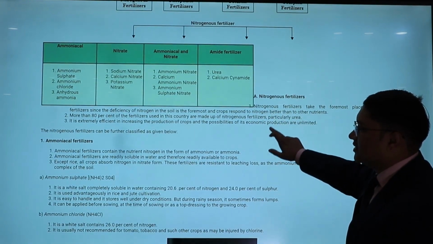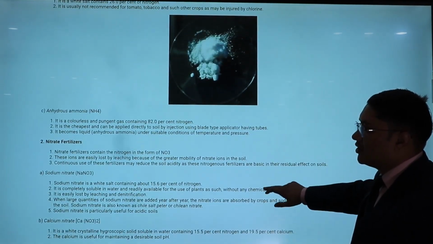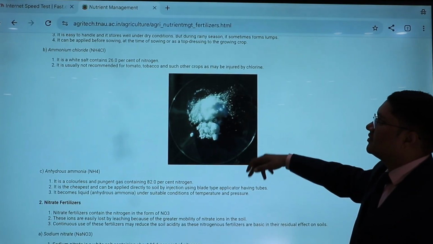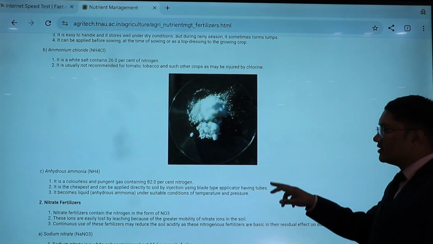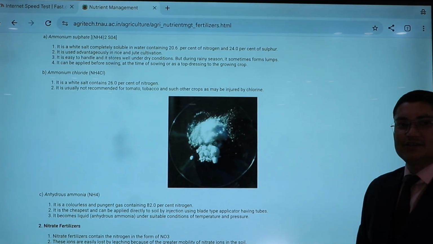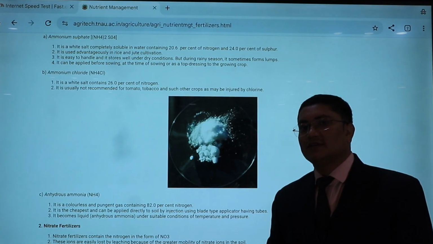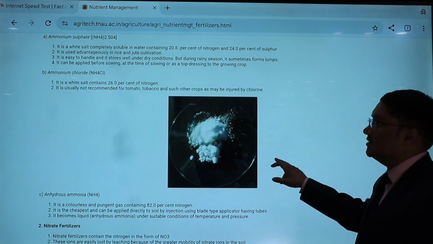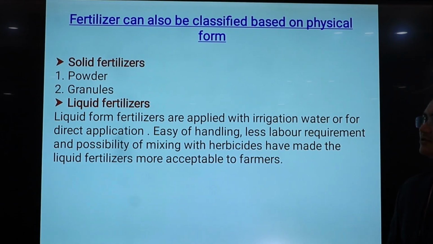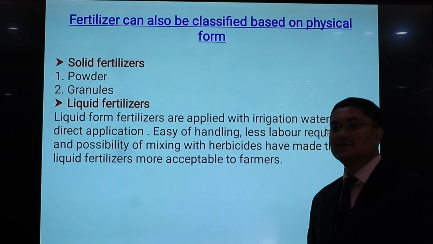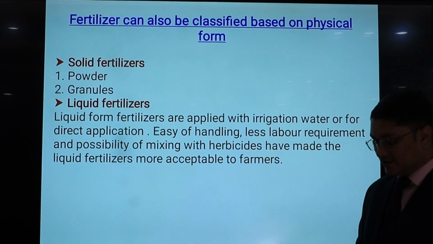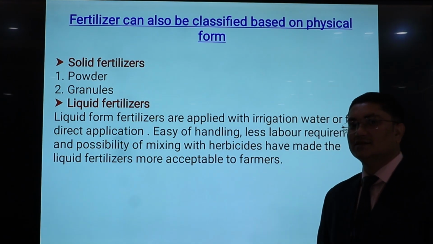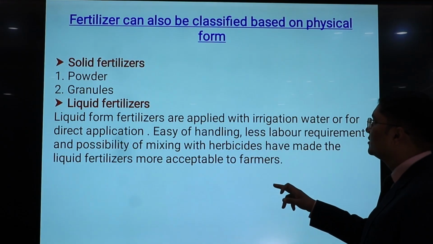So these are the nitrogenous fertilizers, and this is the broad classification, you can read it. By following this link, you can also get the broad classification, because whatever we have told is the whole classification of the fertilizers, whereby we have learned about straight fertilizer, complex fertilizer, mixed fertilizer, and then solid and liquid fertilizers.